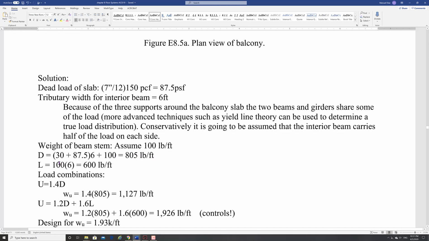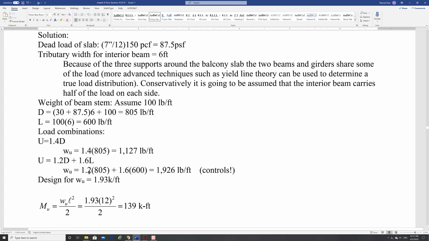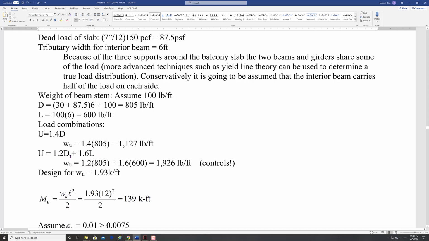And then my live load, which is 100, multiplied by the tributary width, that's 600. I do my load combinations, of course this one controls, right? And so that's my load, rounded to 0.93. And then I found my moment, which is WuL squared over 2. So here is my moment, right? 139.